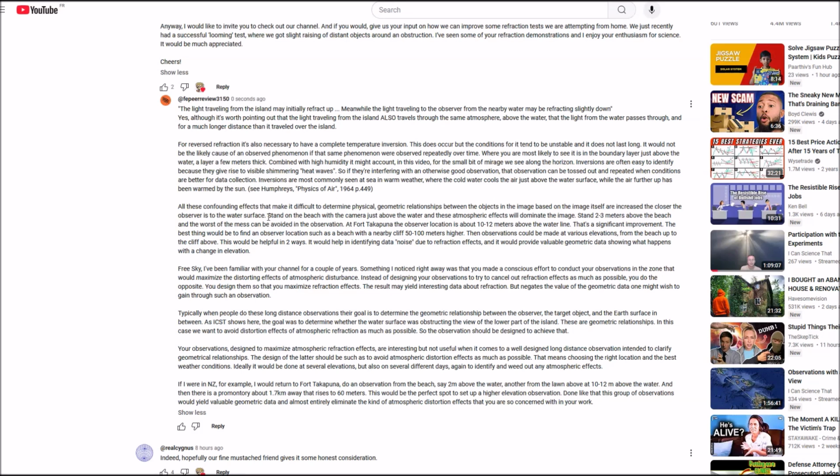On the other hand, if your goal is to try to take images and extract from them geometric data about the actual locations of objects in the world, here, where I'm on a beach, I'm looking 17 kilometers across the water to an object out there, and I want to get geometric relationships between that object and myself.